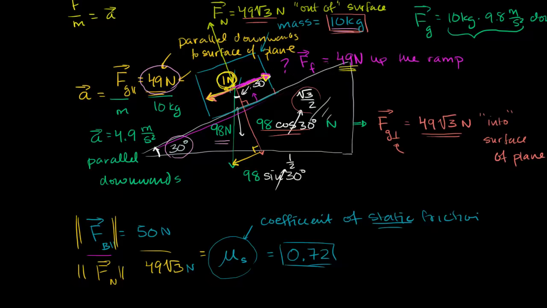When I started to press on it a little bit, maybe I applied 1/10 of a newton on top of that, then the force of friction was 49 and 1/10 newtons, because it was still providing enough force so that this block was not moving. Then maybe I applied 1/2 a newton. And so the total force in the downward direction would have been 49.5 newtons. But if it still was not moving, then the force of friction was still completely overcoming it. So the force of friction at that point must have been 49.5 newtons. All the way up to the combined force in the downward direction being 49.999999 newtons.